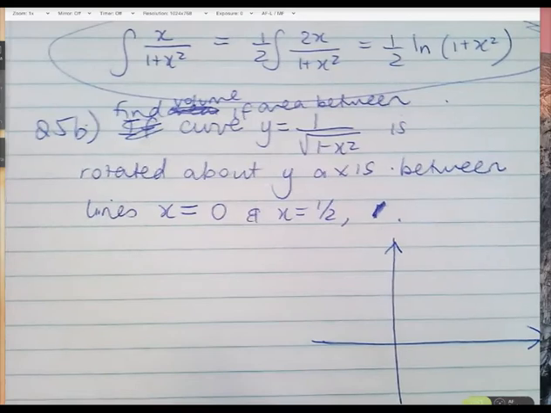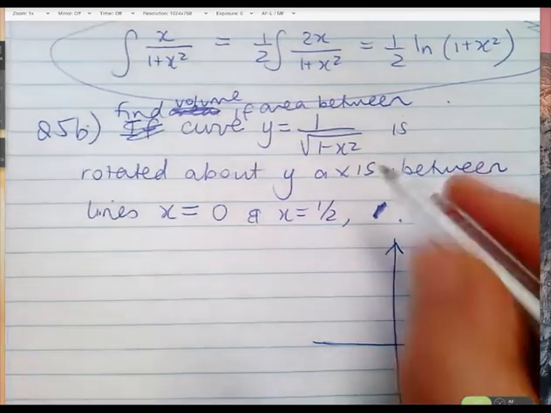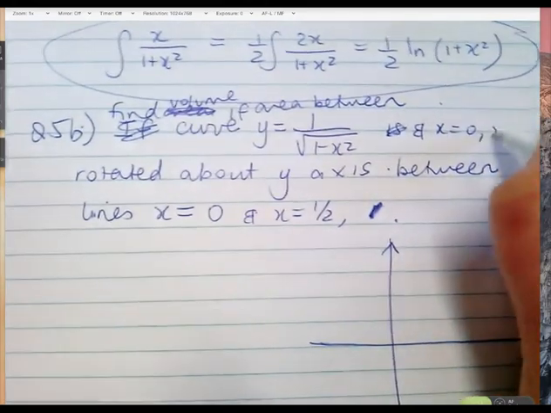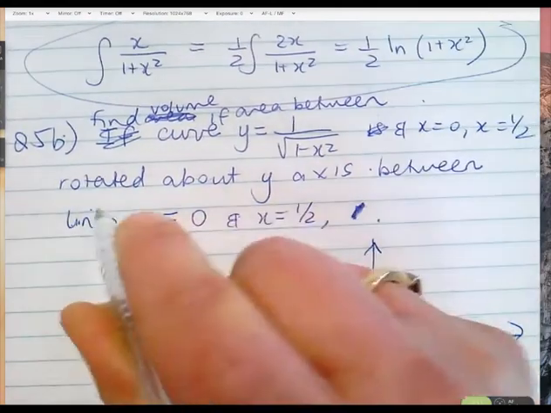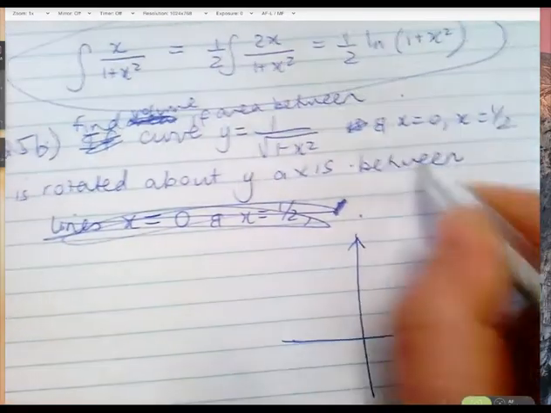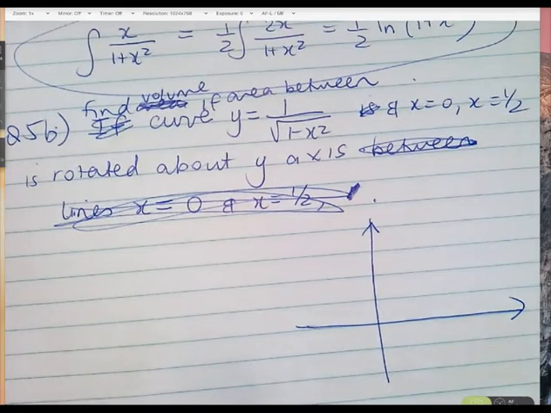So find the volume if the area between that curve and x equals 0, x equals a half, is rotated about the y-axis. So it's a volume question, rotation about the y-axis.